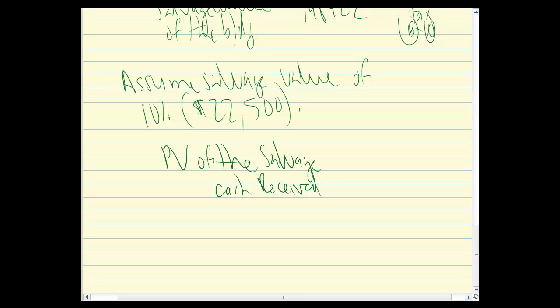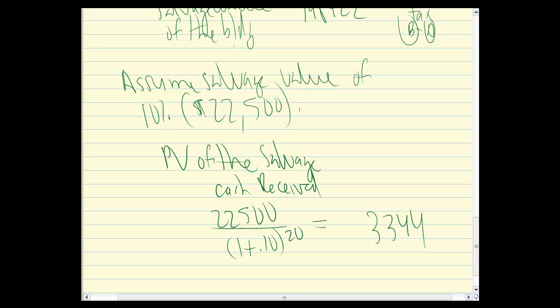Did you do that? You know what that is? So it would be 22,500 over 1 plus 10% to the power of 20, which equals? I don't know. Hang on, I'll give it to you. 3,344.